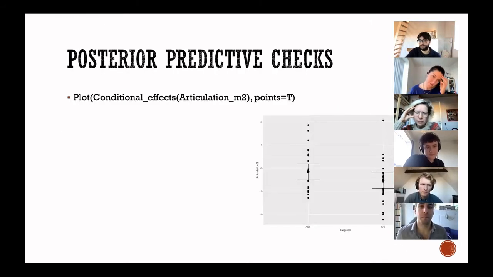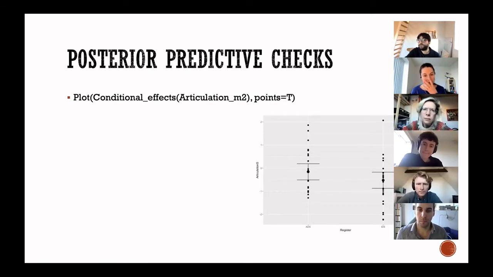We can do a second predictive check using the functions of the brms package. This is using the function called conditional effects, which overlays the population level estimates for ADS and IDS. That is the mean expected articulation for ADS and the mean expected articulation for IDS. Those are the dot plots with the error bars and the actual data points.